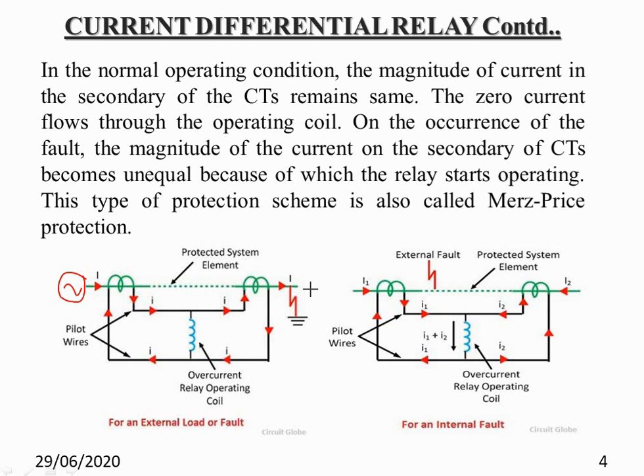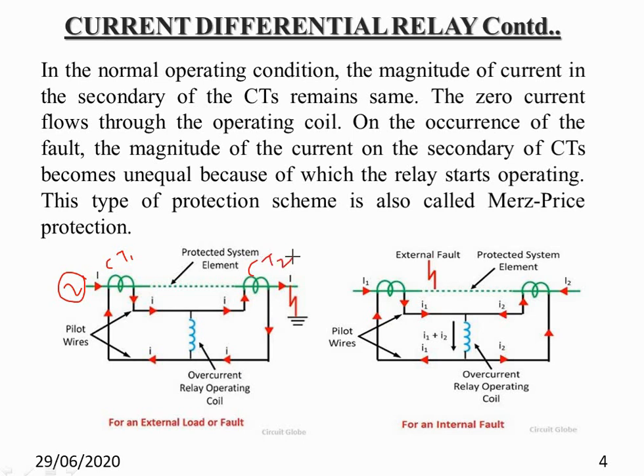So what is the function of the CT? The CT will step down the current. That is why the secondary current of the CT is written as a small i, but the current which is flowing through the protected zone is written as a capital I. Now the incoming current and outgoing current: suppose this is CT1 and this one is CT2.